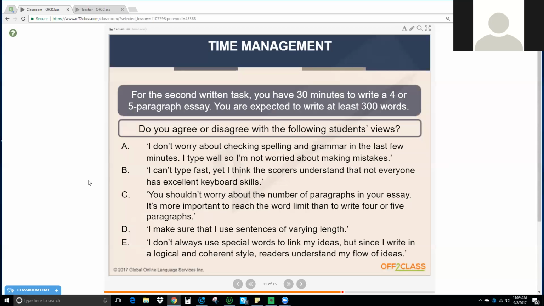Okay, I don't always use special words to link my ideas, but since I write in a logical and coherent style, readers understand my flow of ideas. You should try to link your ideas.